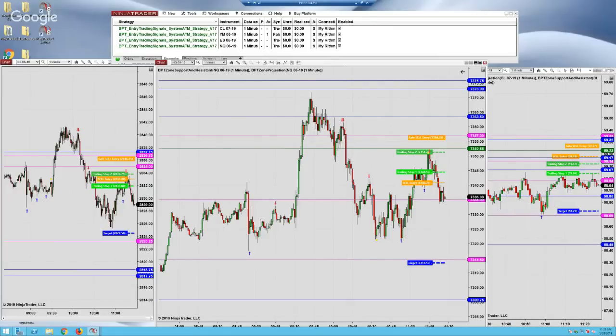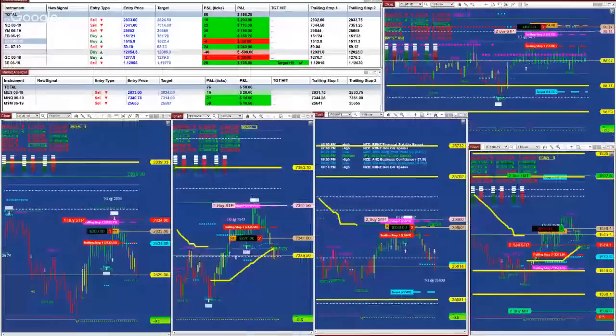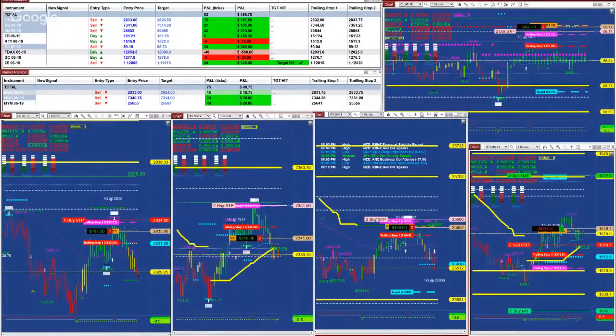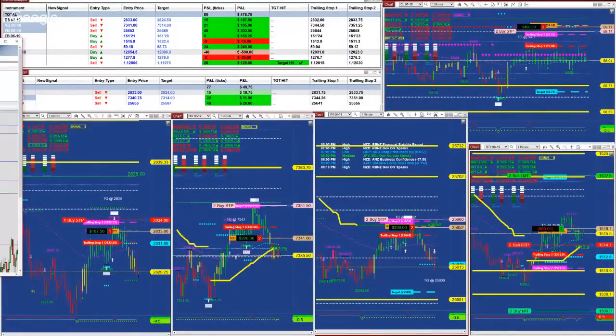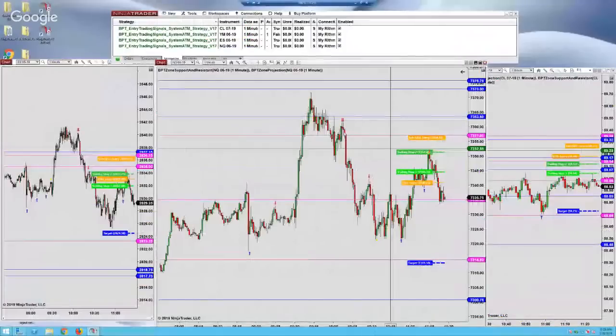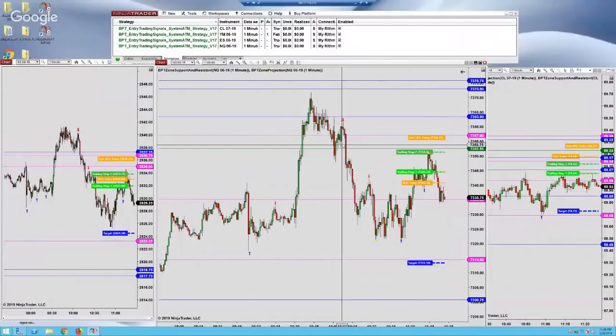And okay, there is a new signal. Let's see where. Okay, it's forex. Anyway, what we are doing, we are measuring the highs and the lows from the previous days and the levels, zone support and resistance from the previous days, like what we have today, the key point.